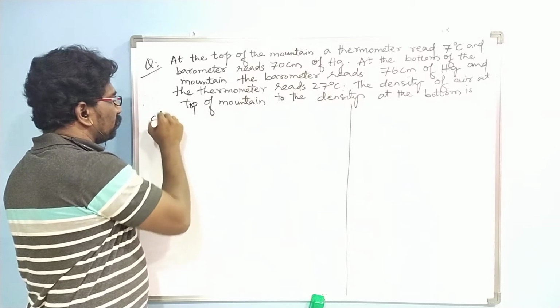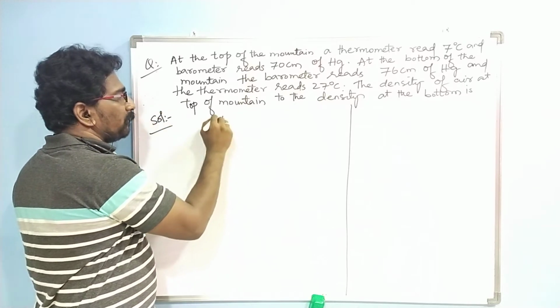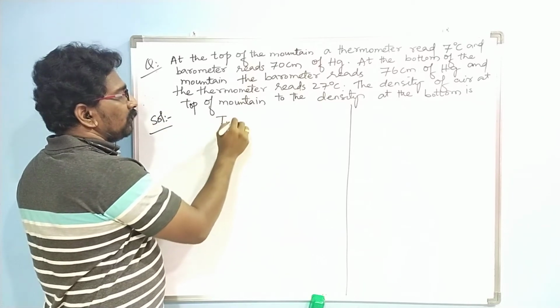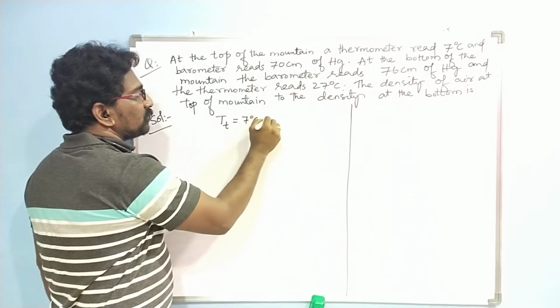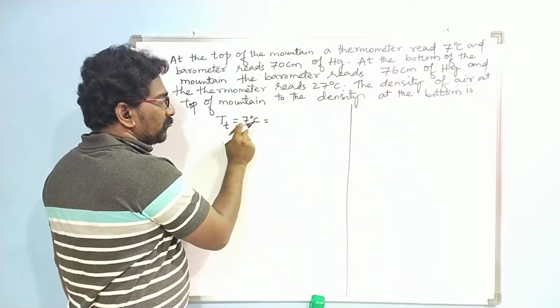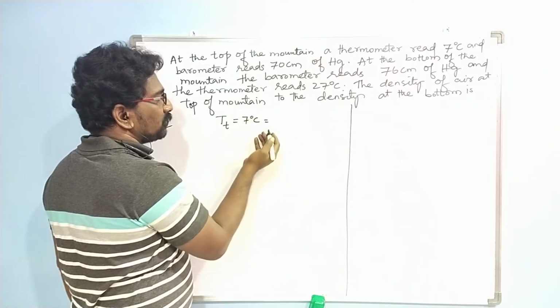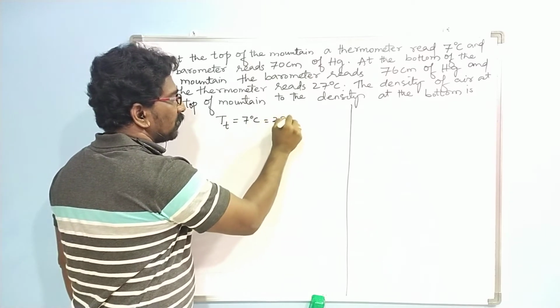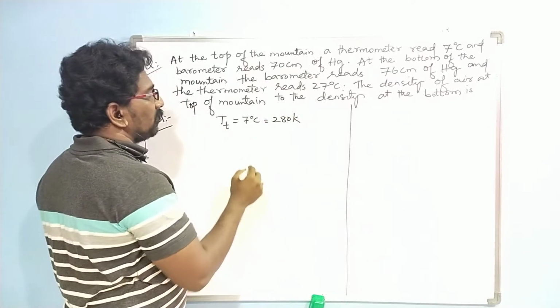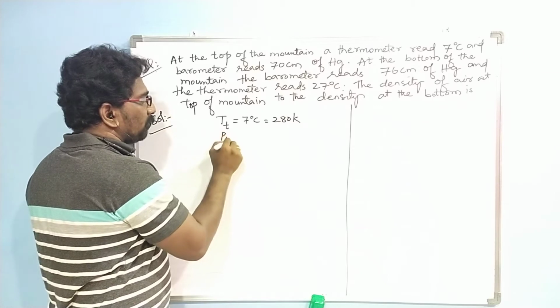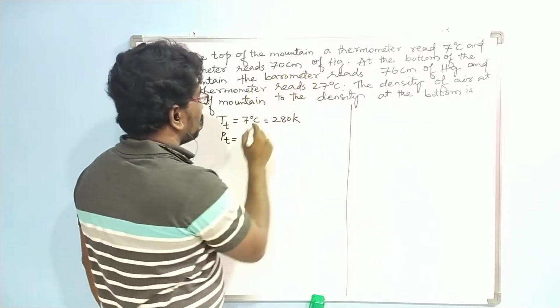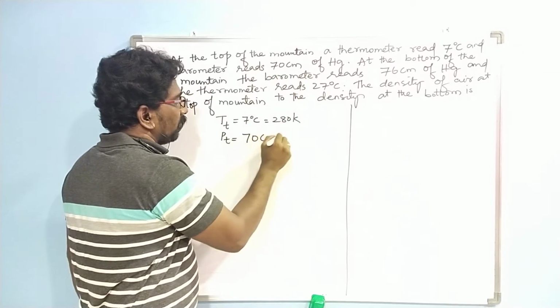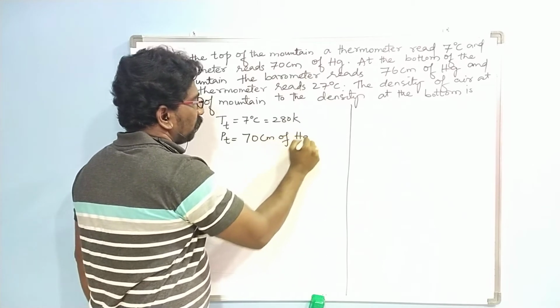Solution: temperature at the top I am taking as T_t is equal to 7 degrees Celsius, that is 7 plus 273, it becomes 280 Kelvin, and pressure at the top is given as 70 centimeter of Hg.